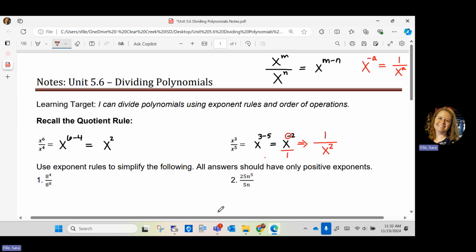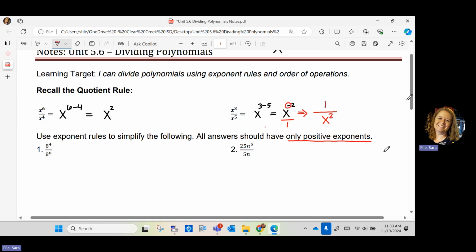All right, let's try this. In number 1, in all of these, we're using the exponent rules to simplify, and they should all have only positive exponents. So we may have to use this negative exponent rule to rewrite them.